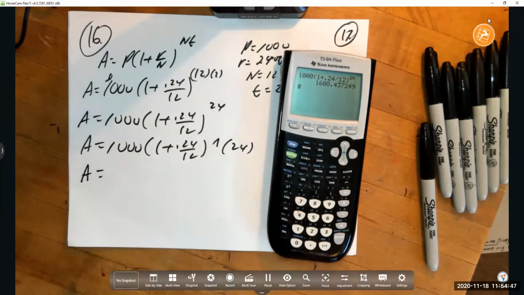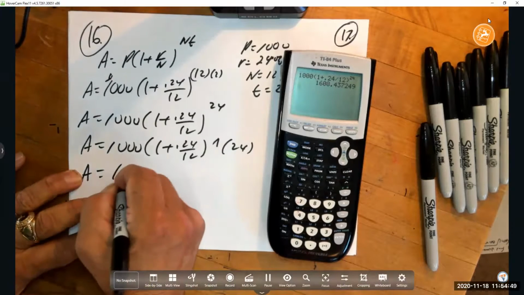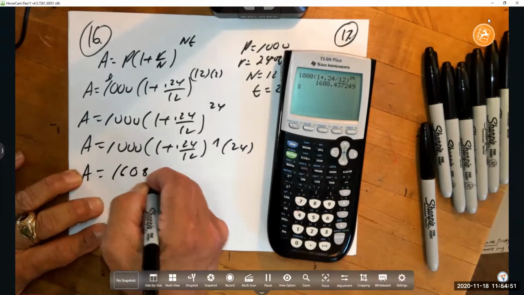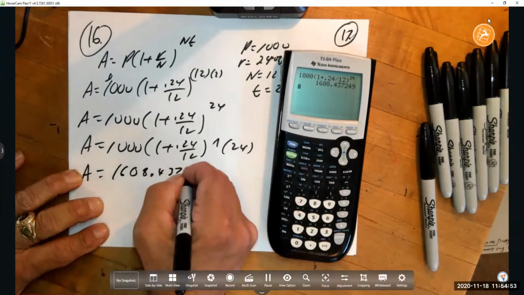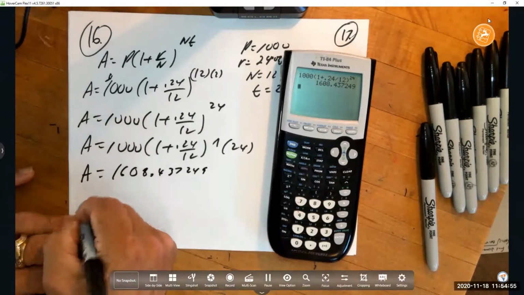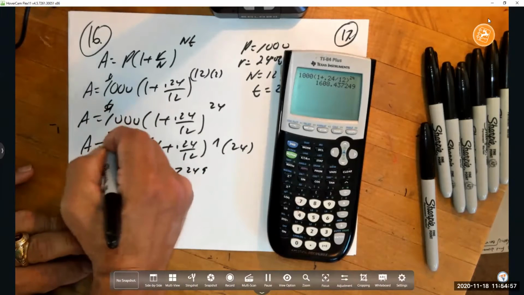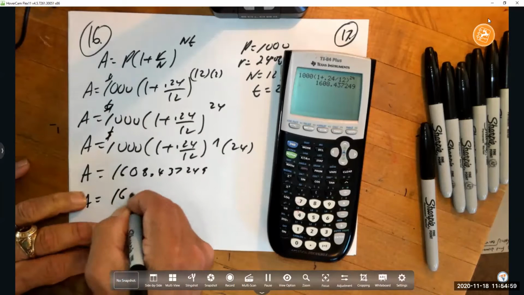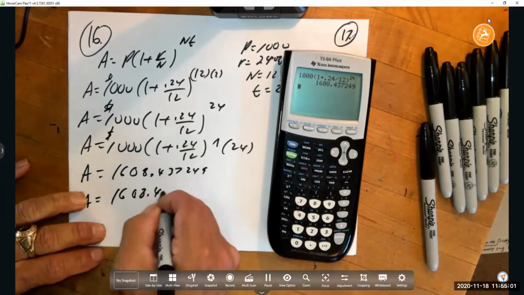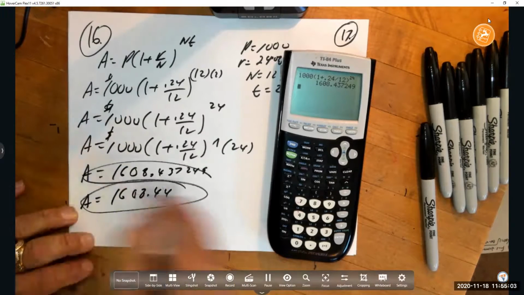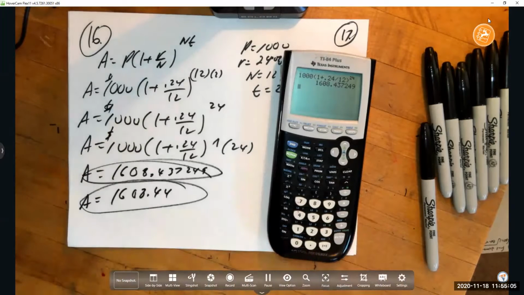I got 1608.437249. Or I can round it to 1608.44. That's good enough, I think. Yep, that's good right there.